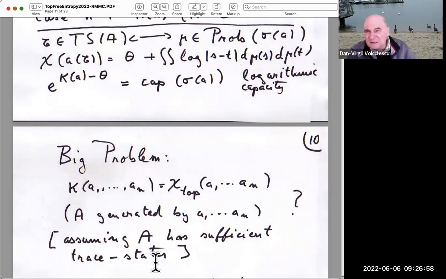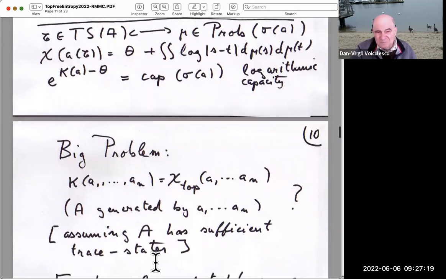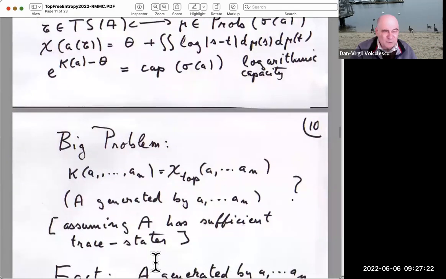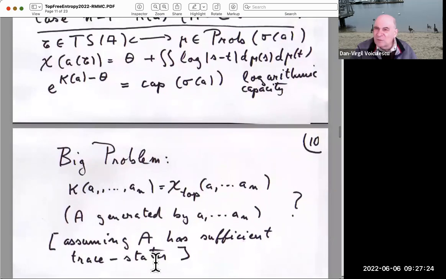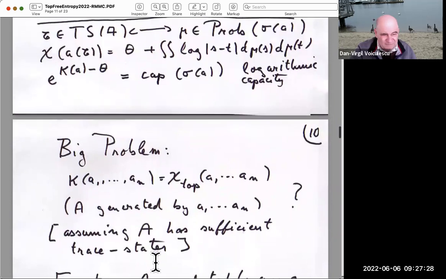The C-star algebra is generated by A1, ..., An, one doesn't go to a larger C-star algebra because then it's even more difficult to get trace states. So one assumes A is generated by A1, ..., An, and has sufficient trace states in some sense, that they should give some faithful representation, or other conditions on trace states that there should be enough.